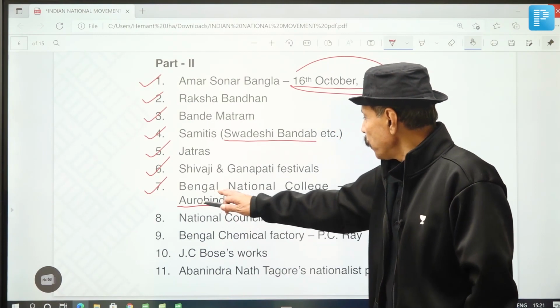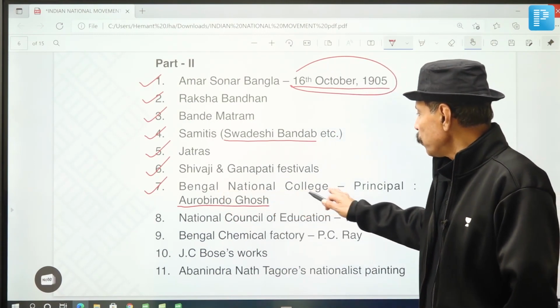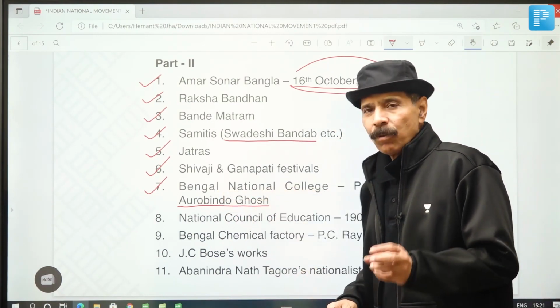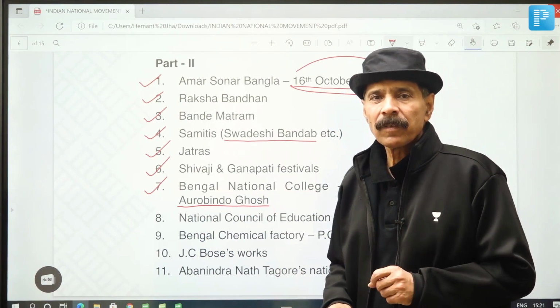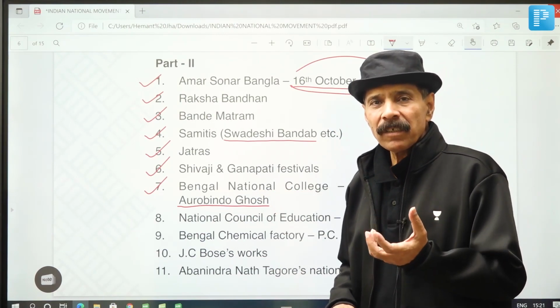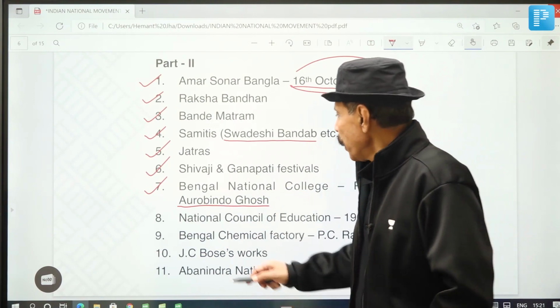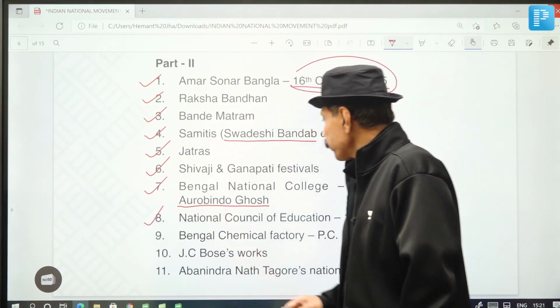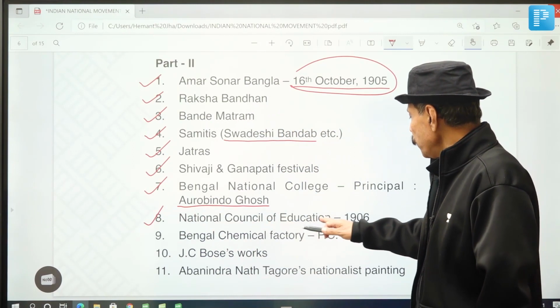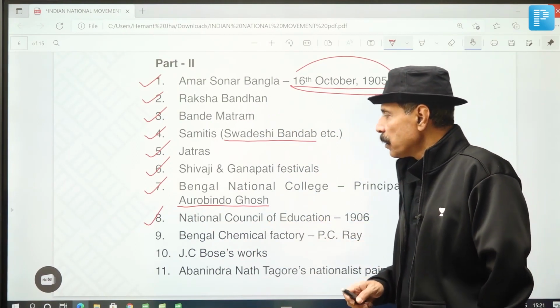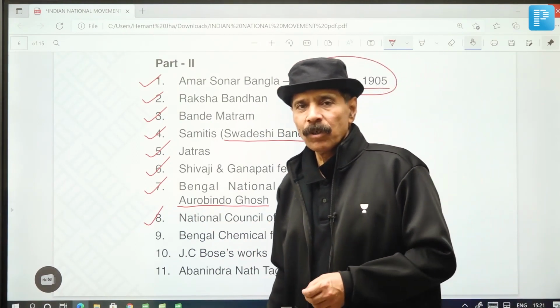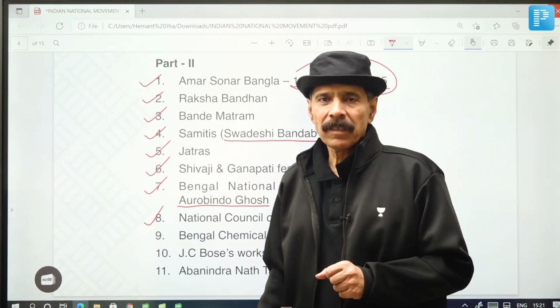And the foundation of Bengal National College was a move towards making national education important. And similarly, number 8, foundation of the National Council of Education in 1906. The purpose of this body was to organize national education.